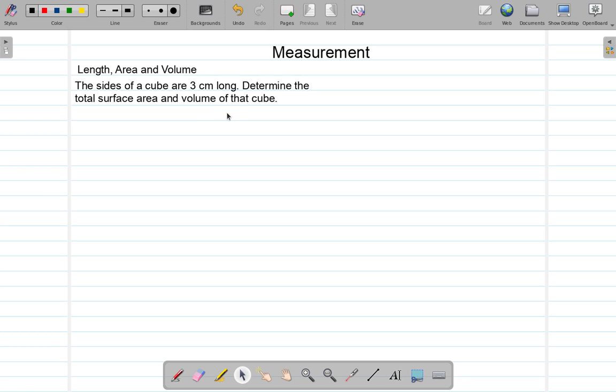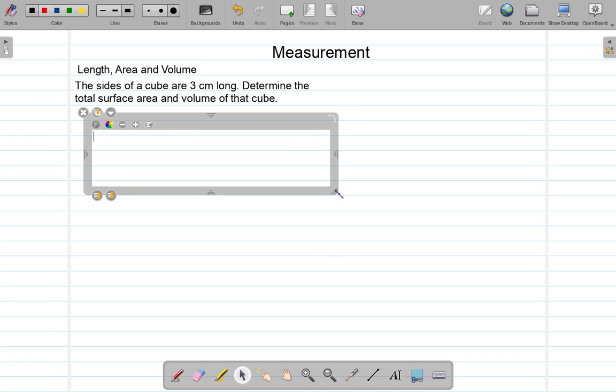Alright, we're going to look at it in two ways. You know, there is a formula, and we mentioned it before, for the volume.